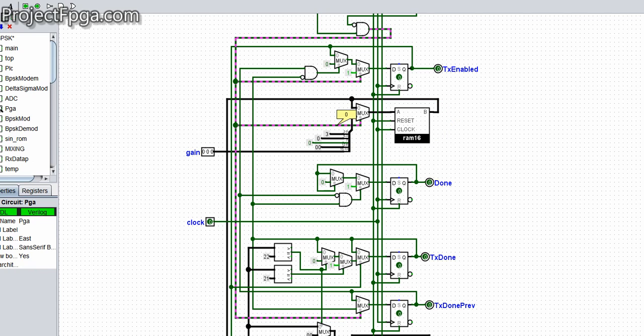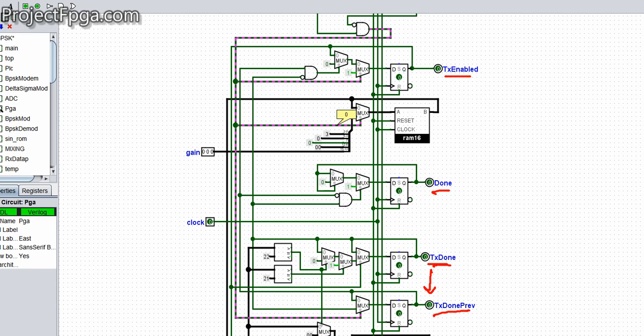So let's talk about these 4 bits: TX enable, done bit, TX done, and TX done prev. TX done prev means TX done previous. Previous means whenever this TX done comes on, the next clock cycle it goes here.